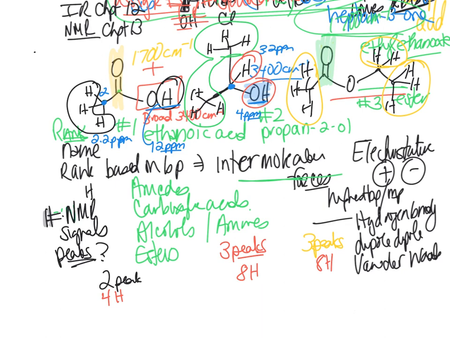And then these hydrogens that are connected to a carbon that's connected to a carbon are going to show up about 1.6 ppm. And then here, once again, we have the alpha carbon. These are going to show up, we said over here, 2.2, so it's about 2.2 ppm. This is hydrogens connected to a carbon that's connected to the oxygen. That's going to show up about 3.2 ppm. And then this is going to show up about 1.6 ppm.